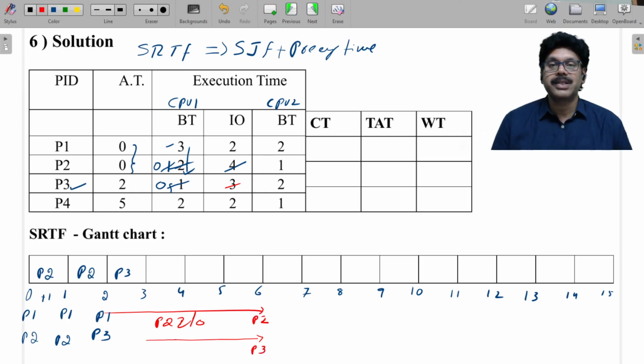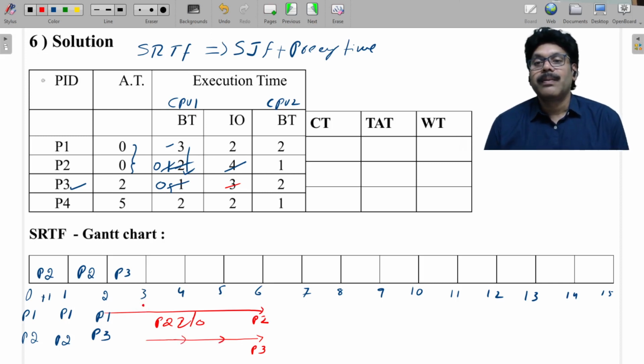P3 also wakes up at 6, because it needed 3 units. P2 is already in IO, P3 is already in IO. This is P3 IO.